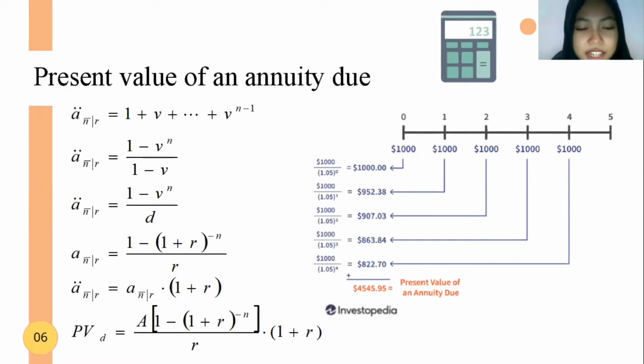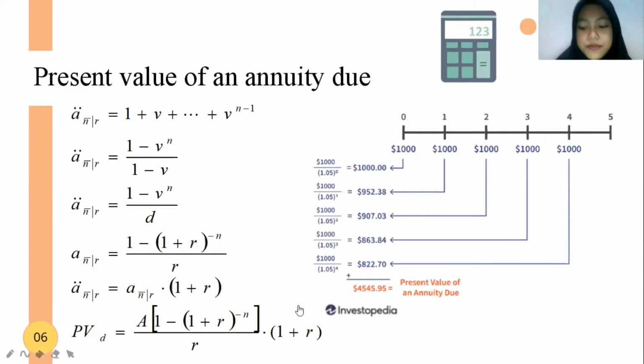The formula of the present value of an annuity due is the same as the present value of an ordinary annuity, but you have to multiply by (1 + r) in brackets.